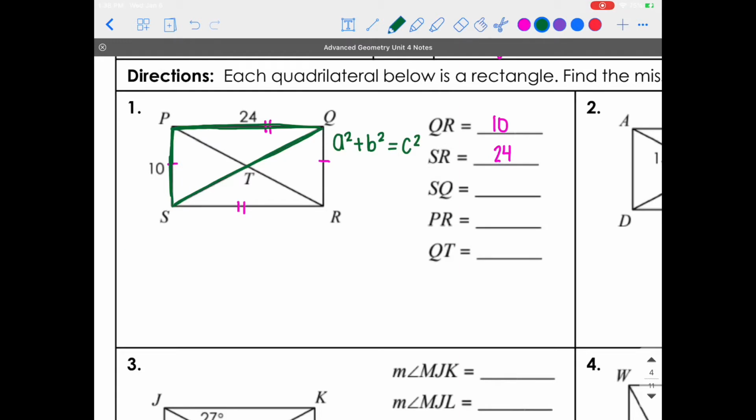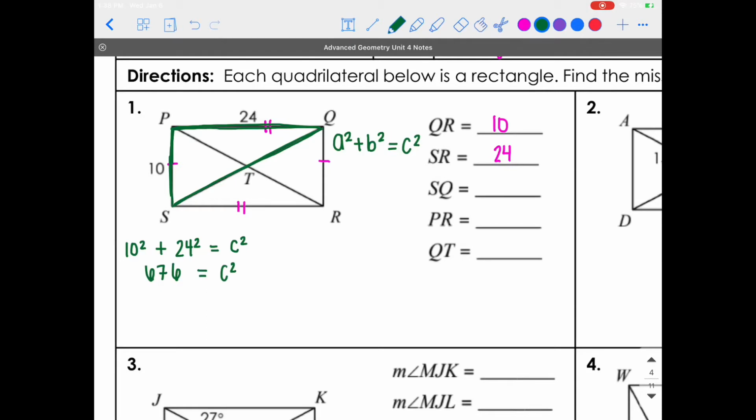So I'm going to say 10 squared plus 24 squared equals, I'm just going to leave that C squared. Now if you type 10 squared plus 24 squared in your calculator, you get 676.